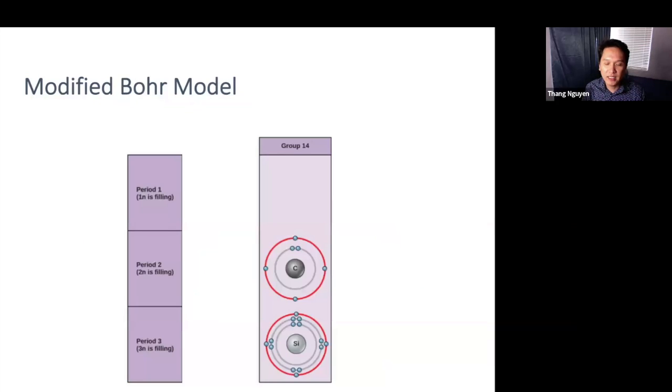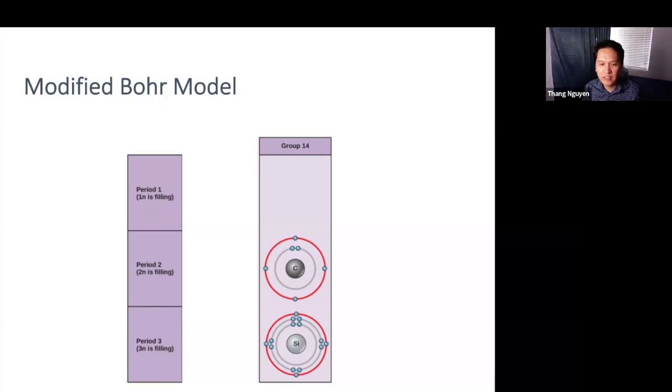So we can go ahead and take a look at this and expand it to the other elements. Below carbon, we have silicon, right? They're in the same column here. So how many electrons does silicon have? Silicon, I believe, is element number 14.